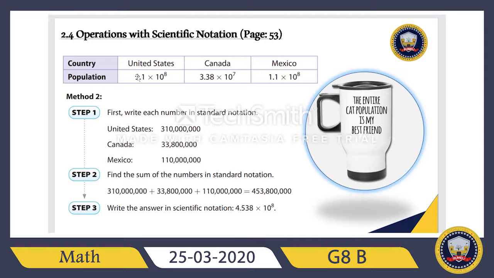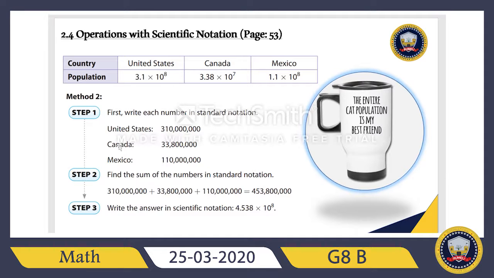So for United States, 3.1 times 10 to the power of 8 means that I'm going to move the decimal point to the right 8 places if I want to decrease this power to 0. So it will be 8 places. I'm going to add 1, 2, and 6 zeros, 7, and 8 places. That's the number for United States. This is scientific notation written as standard notation.